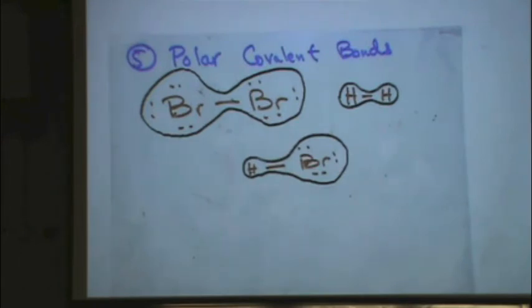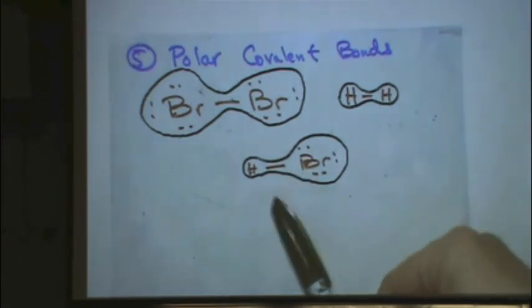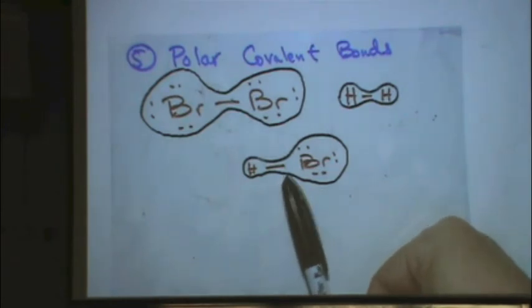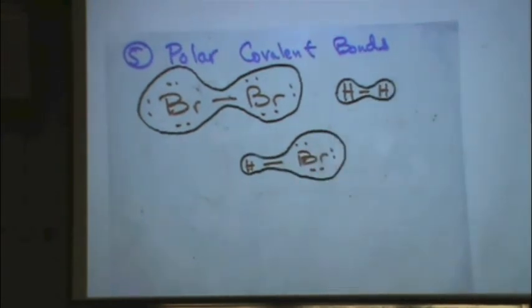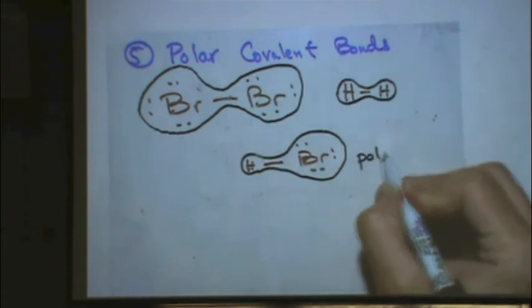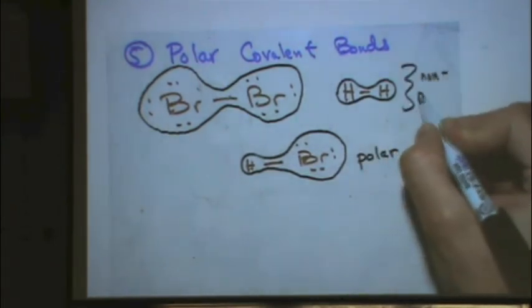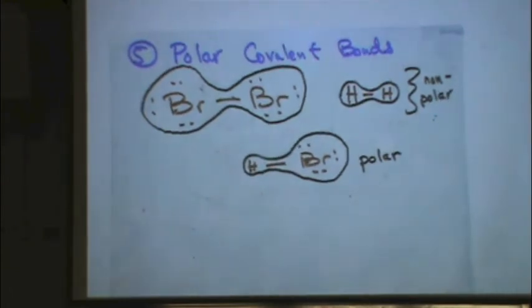So this bond here in the third case is not shared equally. This we call a polar covalent bond, not equally shared. So these would be polar. This would be non-polar bonds, non-polar covalent bonds.